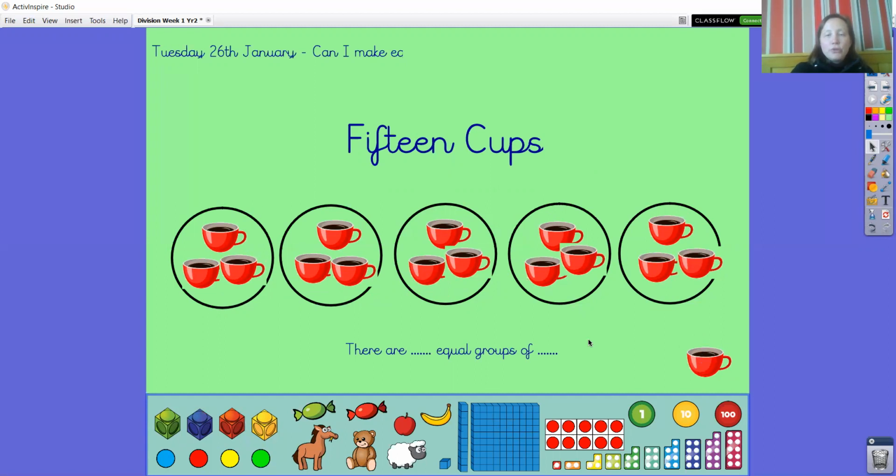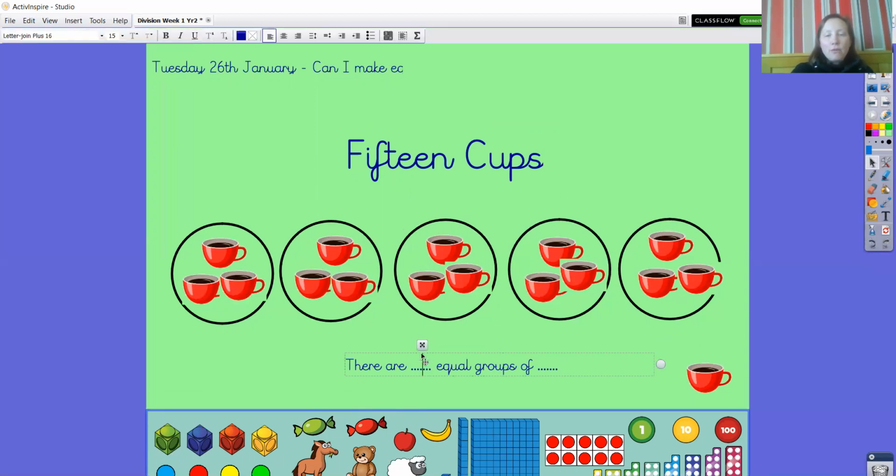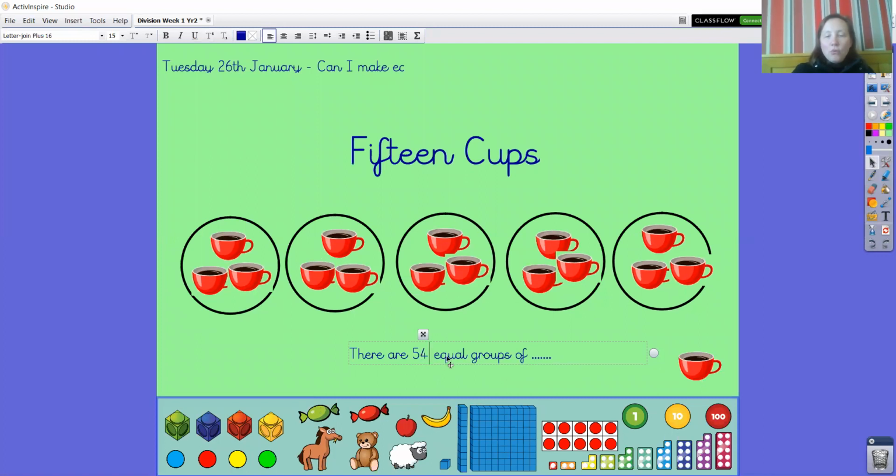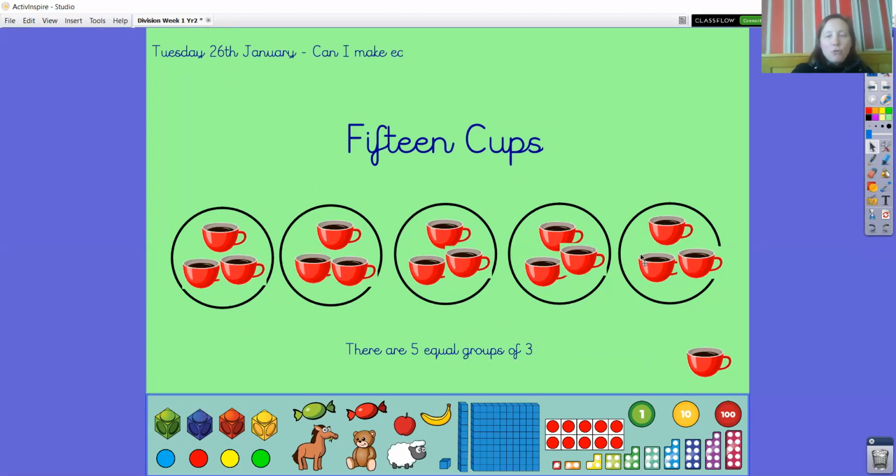There we go. So let's finish our sentence. So how many equal groups have we got? We've got 1, 2, 3, 4, 5 equal groups of 3 in each group. So I've got 5 equal groups of 3.